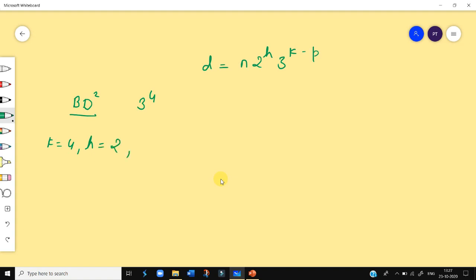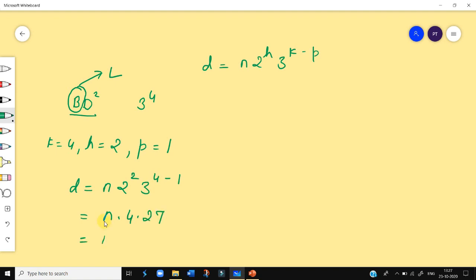In this two-factor interaction, b is the only factor which is contributing linearly. So p is equal to 1. And the divisor for BD square will be d is equal to n times 2 raised to 2, 3 raised to 4 minus 1, which is n times 4 into 3 cube, which is 27, and which is equal to 108 times n.